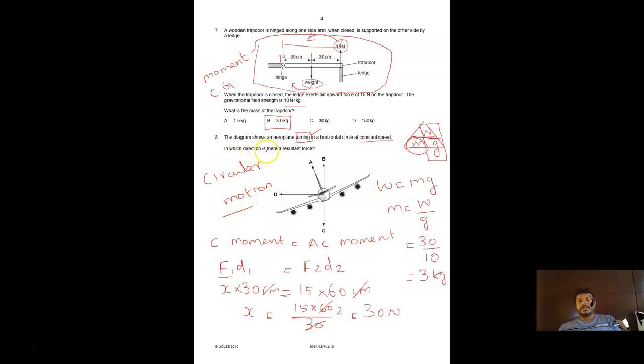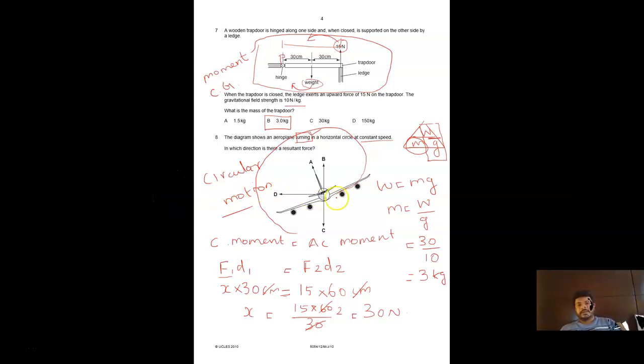In which direction is there a resultant force? Now if you see, the flight seems to move in this direction, turned slightly up like this. So the force is always acting towards the center of the circle.